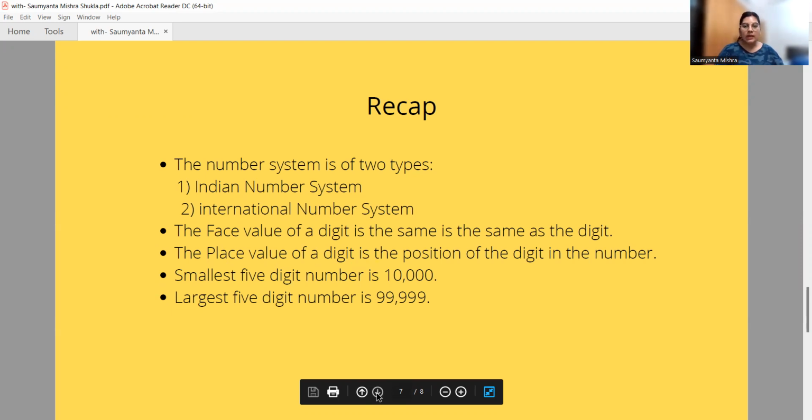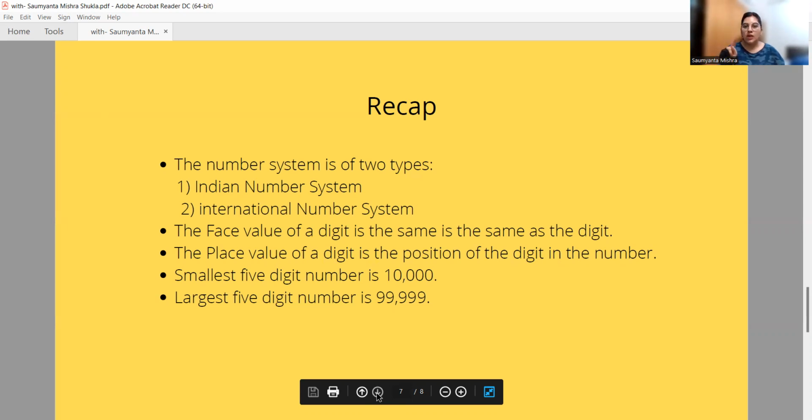And by looking at the position of the commas, we can determine whether a number is written in the Indian number system or in the international number system. In the Indian number system, we have lakhs and thousands, then comes the hundreds, tens, and ones.